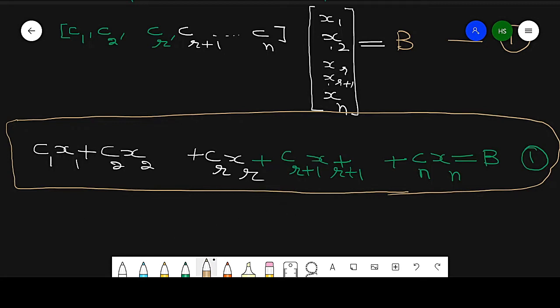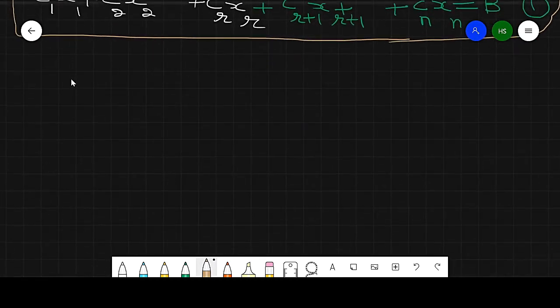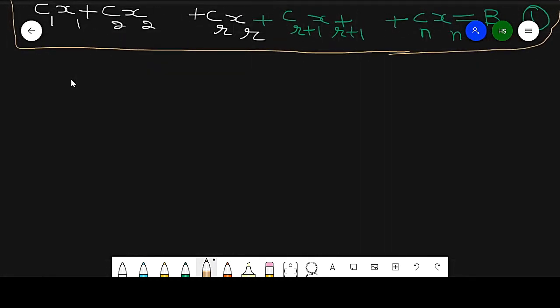Now we have two parts. The first is the necessary part: if it has a solution, then the ranks are equal. And the sufficient part: if the ranks are equal, then it has solutions.